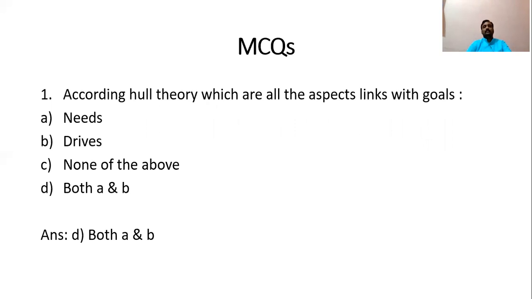Needs, drives, none of the above, both A and B. As I said in the previous slides itself, Hull's drive reduction theory basically concentrates on three things: needs, drives, and goals. Here the question is given with goals. The other two parts are needs and drives. Hence, the answer is both A and B.